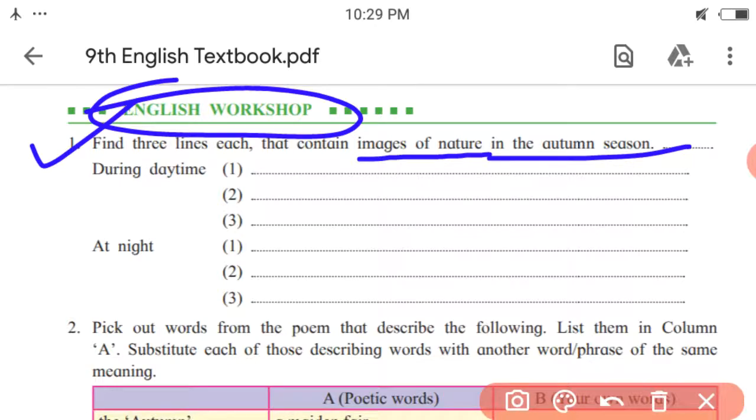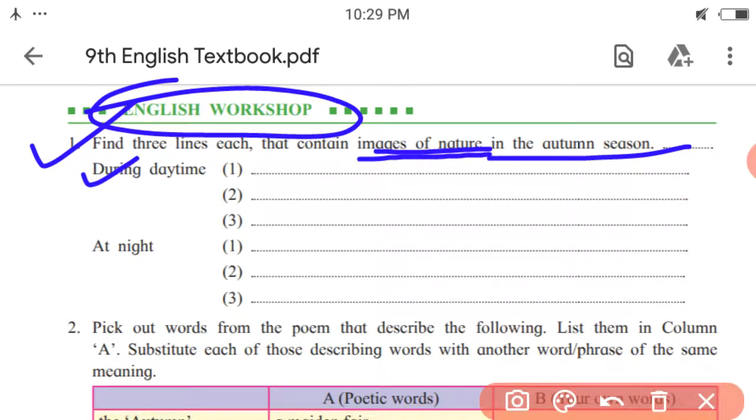So, as the poem Autumn is the description of the beautiful nature in the season of autumn, we came to know that the two stanzas of the poem explain the beauty seen in the daytime and at night in the season of autumn. So here you have to find three lines that contain images of nature.